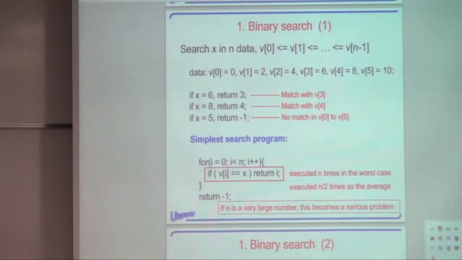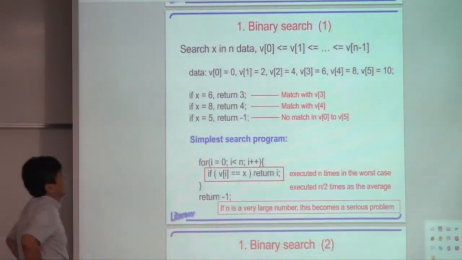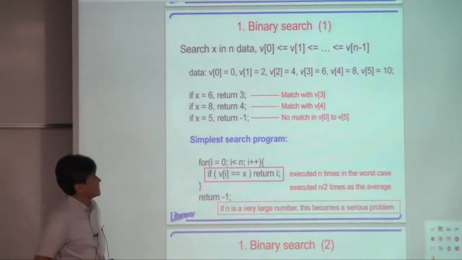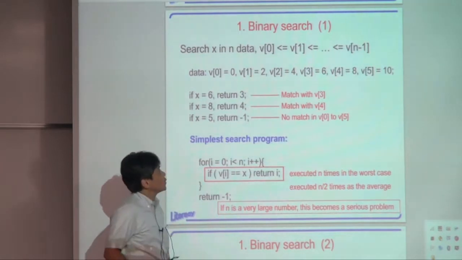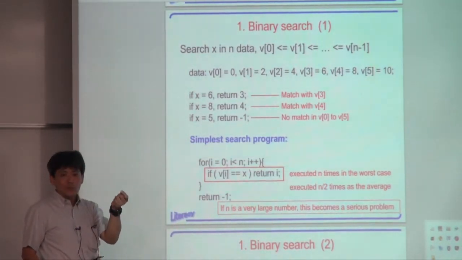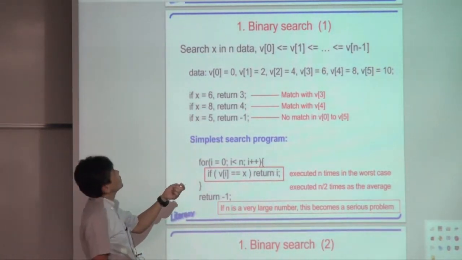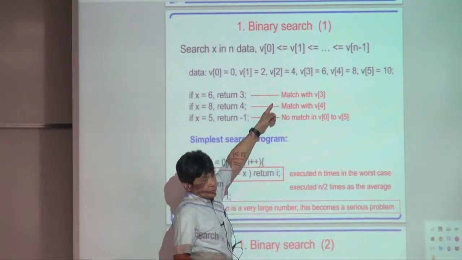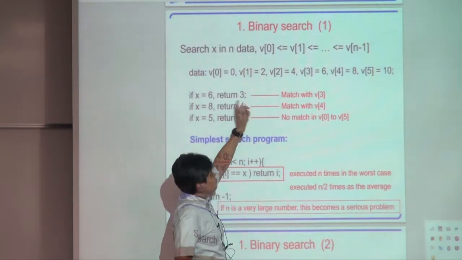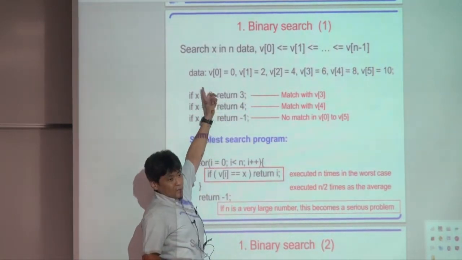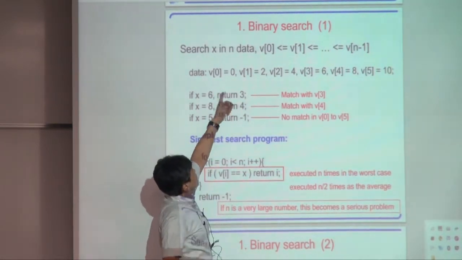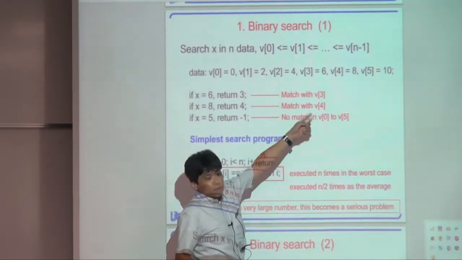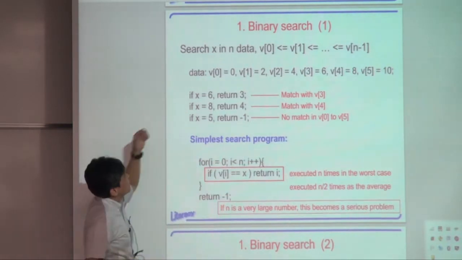So the first algorithm is binary search. Do you know binary search? Maybe not. The binary search algorithm is also a search algorithm. If you have data like this, stored in an array V, the first element is 0, the second element is 2, then 4, 6, 8, 10, for example.